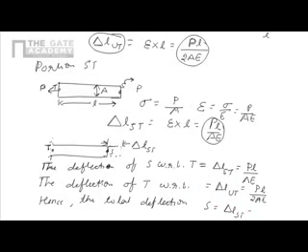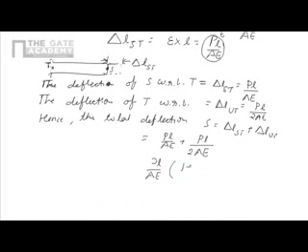It's delta L ST plus delta L UT, which is nothing but PL upon AE plus PL upon twice AE, which is nothing but PL upon AE taken as common, 1 plus 1 upon 2, which is nothing but 3 by 2 PL upon AE. That is the deflection which point S has in this problem.